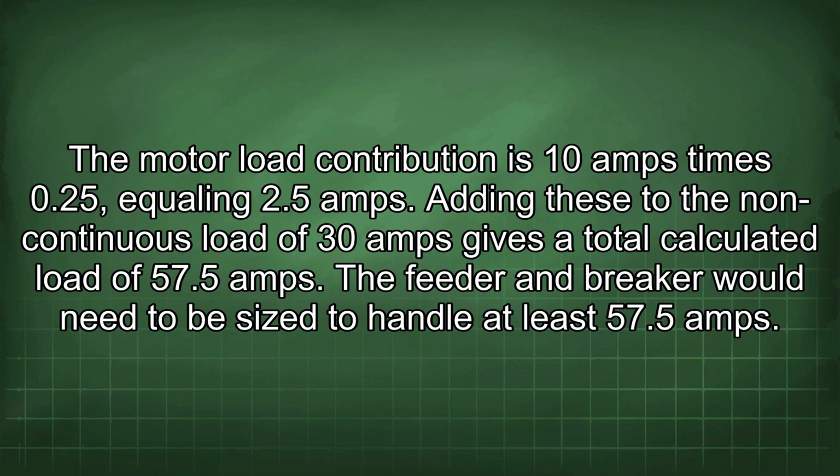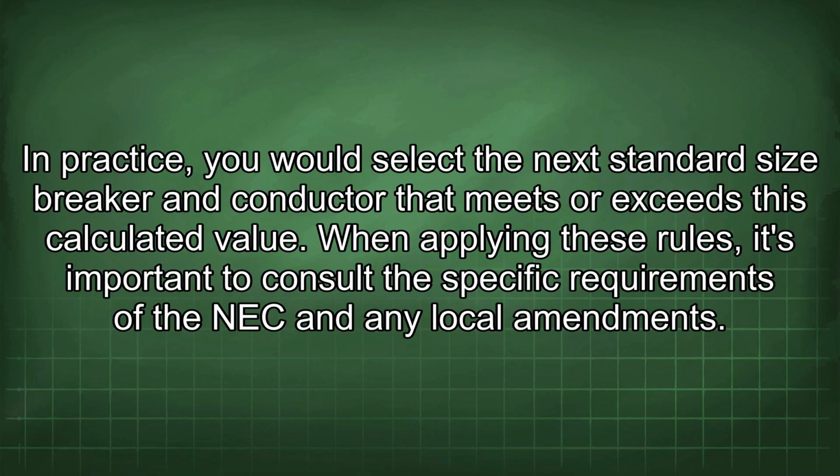The motor load contribution is 10 amps times 0.25, equaling 2.5 amps. Adding these to the non-continuous load of 30 amps gives a total calculated load of 57.5 amps. The feeder and breaker would need to be sized to handle at least 57.5 amps. In practice, you would select the next standard size breaker and conductor that meets or exceeds this calculated value.